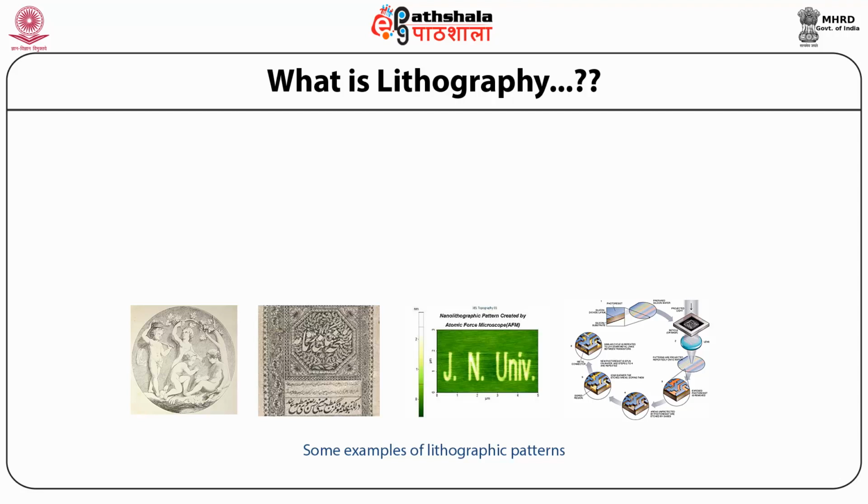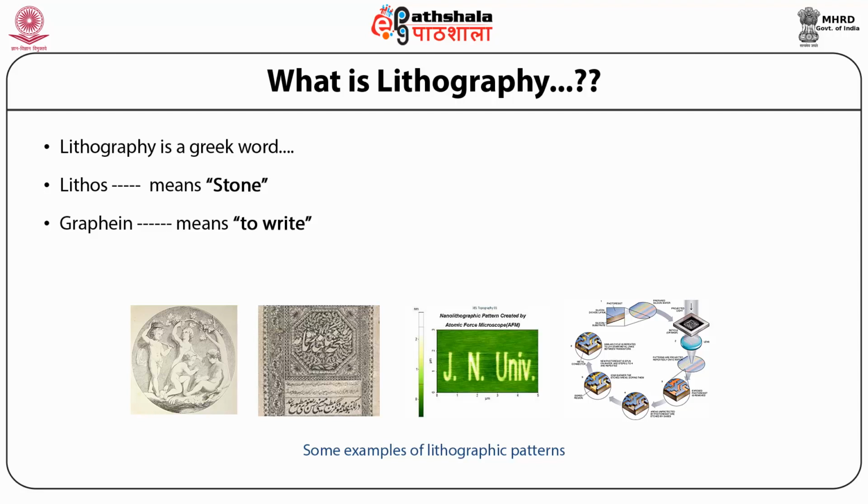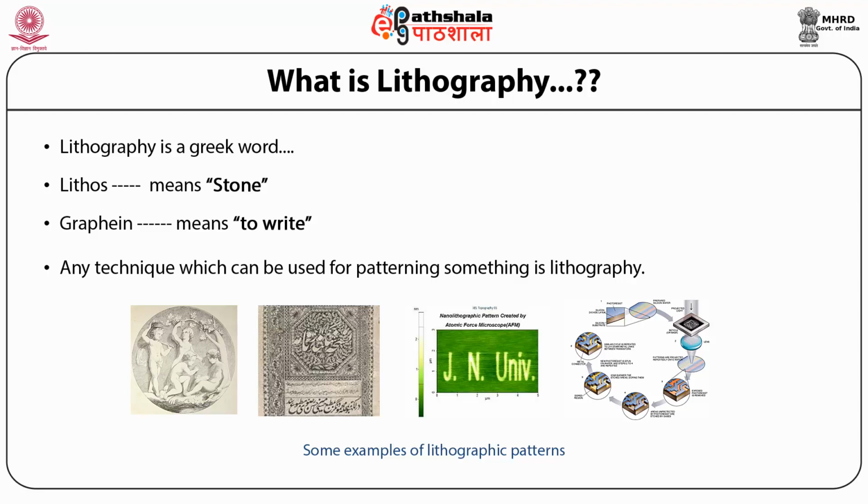Now next is lithography. So students, let us first discuss what lithography is. Lithography is a Greek word. Lithos means stone and graphein means to write. So any technique which can be used for patterning something is known as lithography.